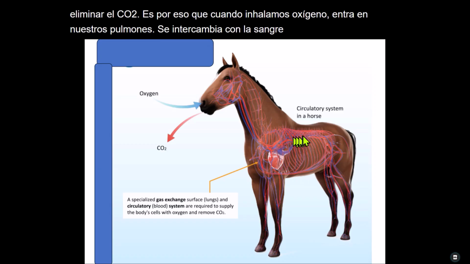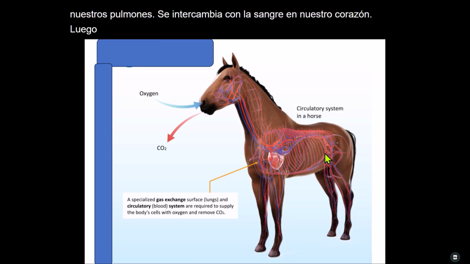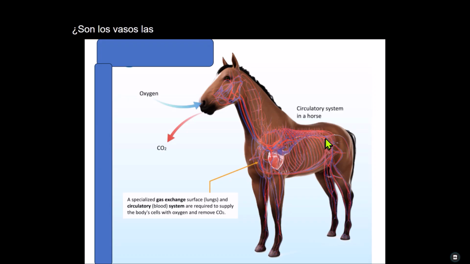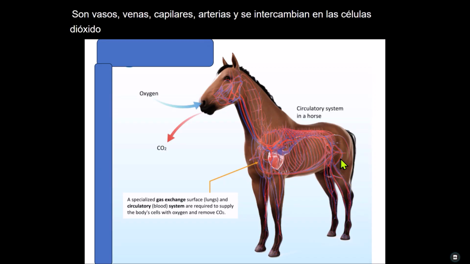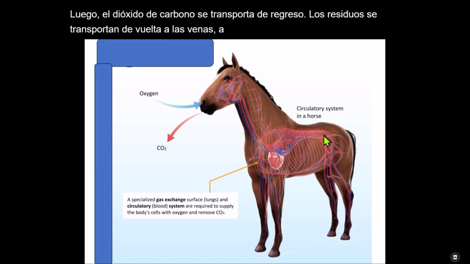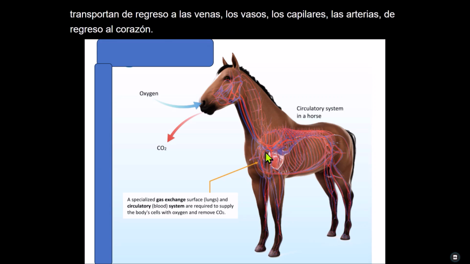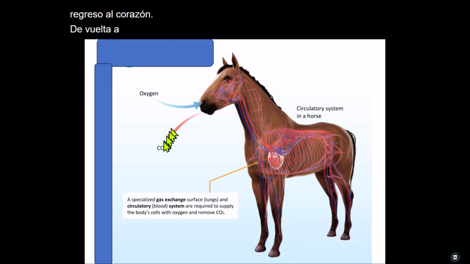It is then transported out into our vessels, veins, capillaries, arteries, and is exchanged out into the cells. Carbon dioxide, the waste, is then transported back into the veins, the vessels, the capillaries, the arteries, back into the heart, back into the lungs, where it is then sent back out the respiratory system as carbon dioxide.